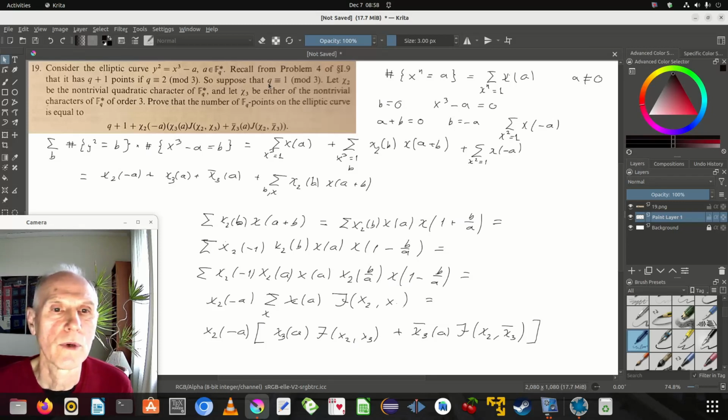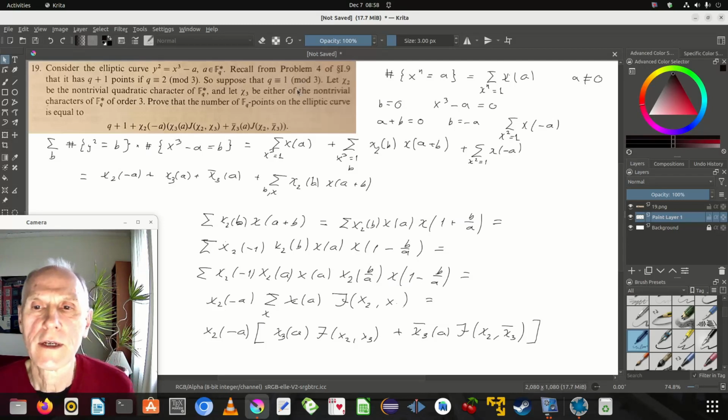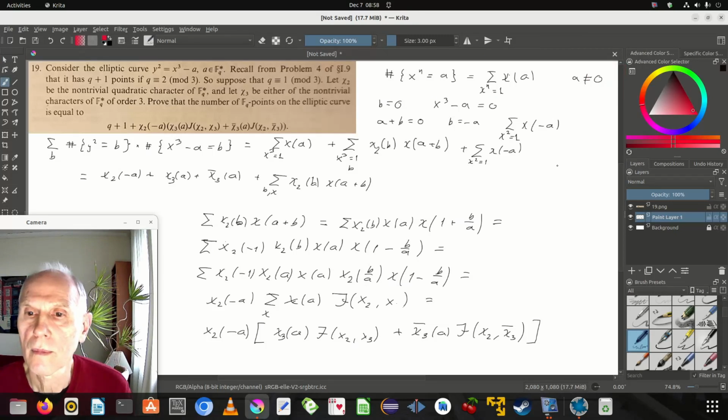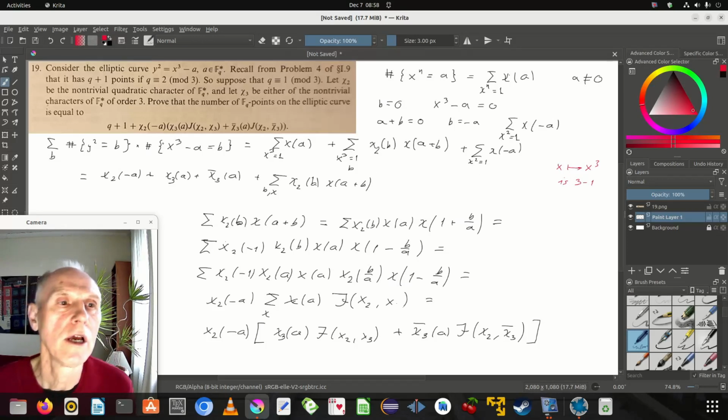When q is equivalent to 1, then the map is 3 to 1 in general, with 0 being the only exception.